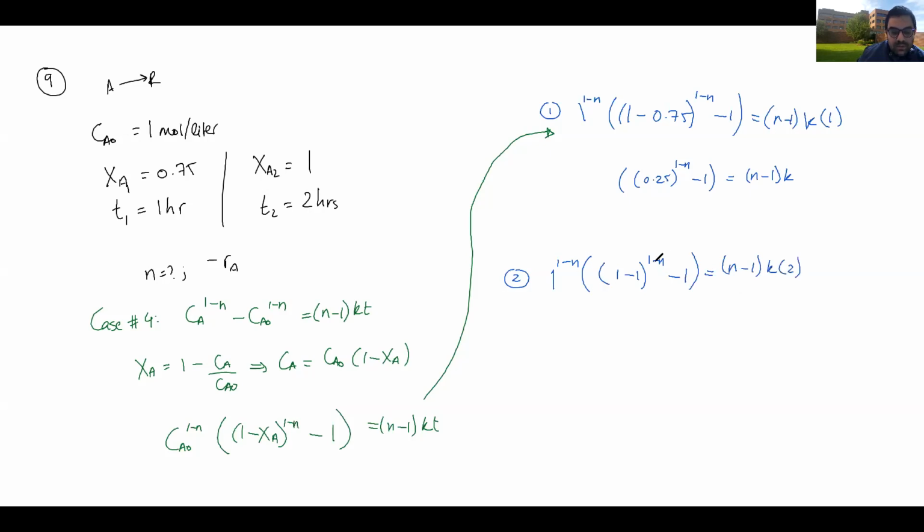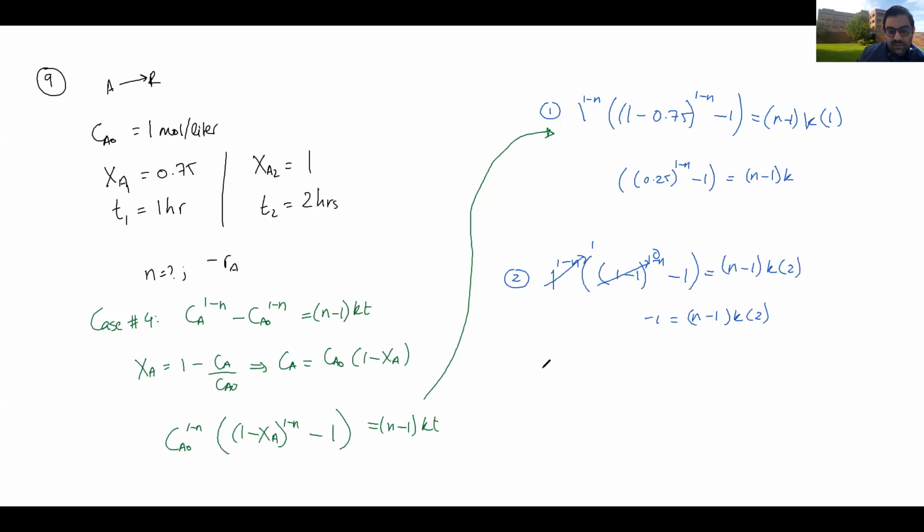And this is basically 0. So this is 1, this is 0, and I get minus 1. So I have minus 1 is equal to (N minus 1) K into 2. So I have two equations, two unknowns.